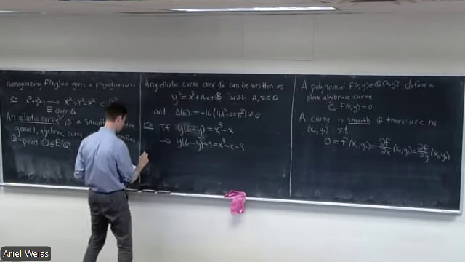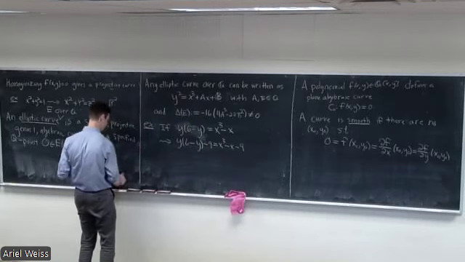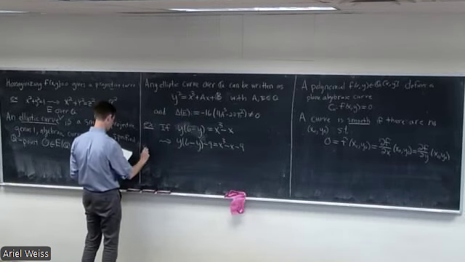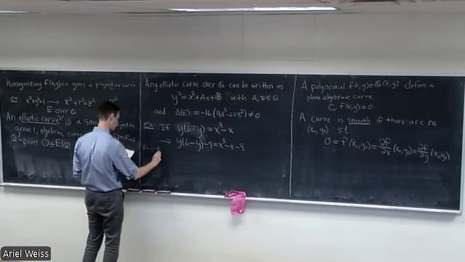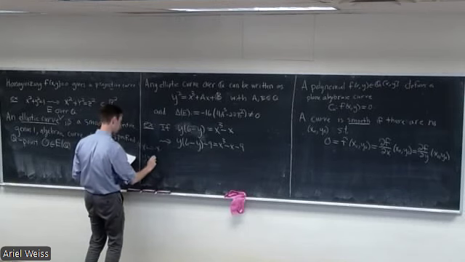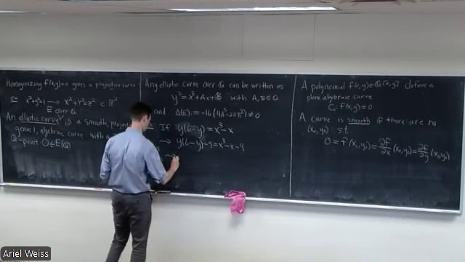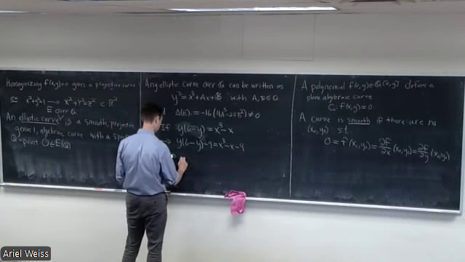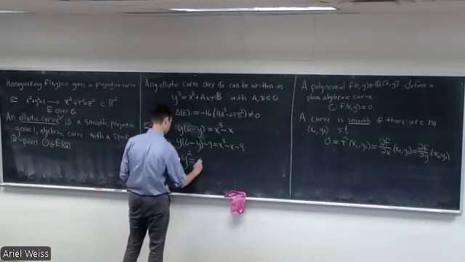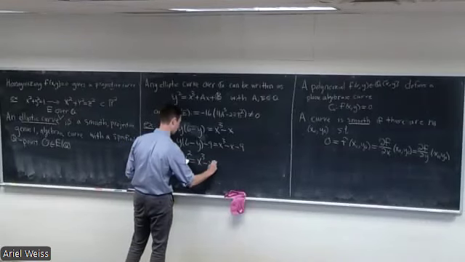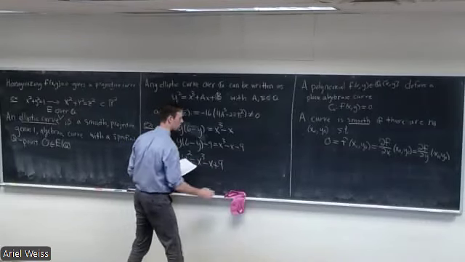And by making a couple of changes of variables, so I'm going to send x to negative x and y to y plus 3, and after rearranging terms, you get something in the standard form. You get y squared equals x cubed minus x plus 4.